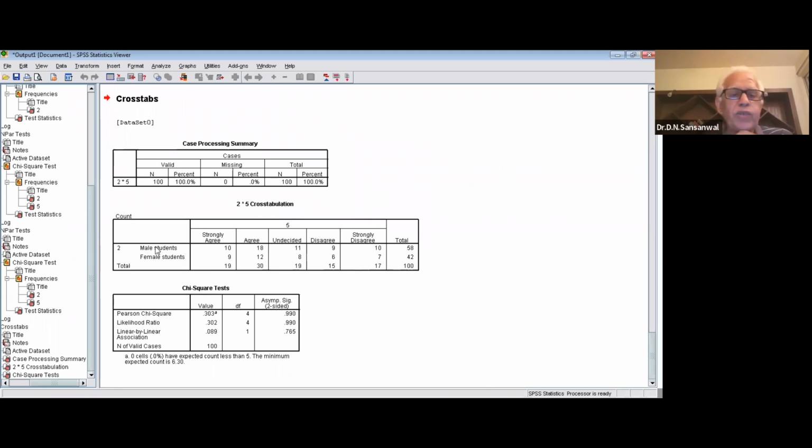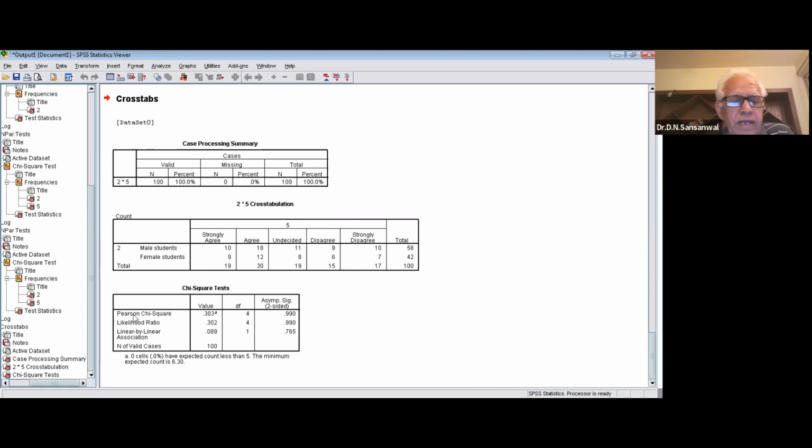Now, this is your male and female. These are the people in the strongly agree, undecided, disagree, and strongly disagree. There were 58 males and 42 females.